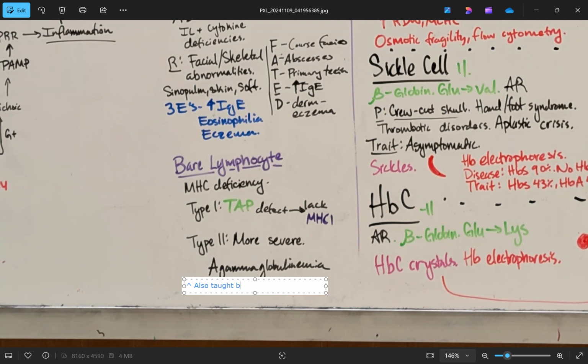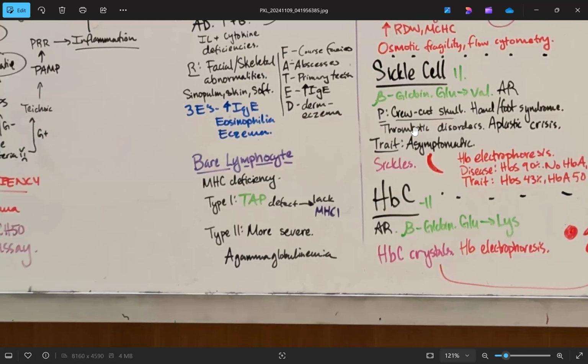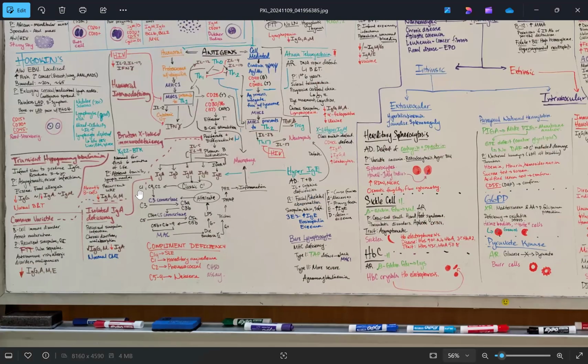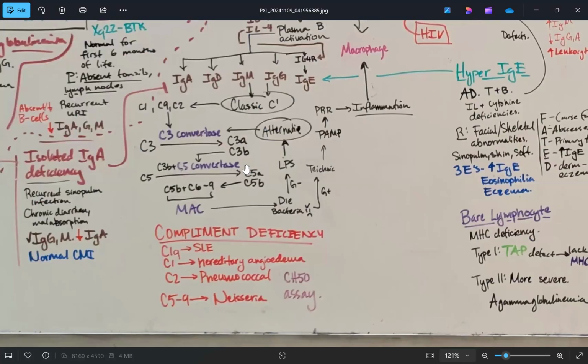The last immunodeficiency I will be talking about will be the complement deficiencies, where it's in your complement pathways. There's different types where you have them early on, later, or at the very end. So early on, you have your C1s and C2. C1q deficiency is generally associated with lupus.